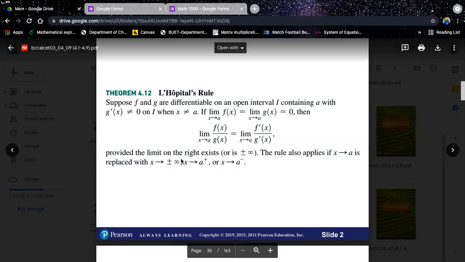Okay, so the L'Hopital rule says, let's say you have two differentiable functions on an open interval. And the first derivative of the second function, let's say g, is non-zero when you are evaluating at a non-zero value.